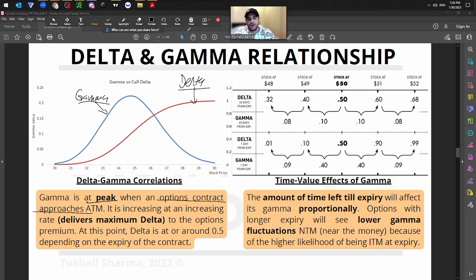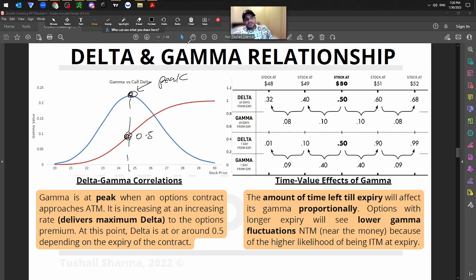So you can see that they are both kind of accelerating, and one of them starts to decelerate, and one of them accelerates at an accelerating pace before topping out and then decelerating. So for an options contract, when the delta is starting to increase, you'll realize that when the contract goes at the money, then delta is somewhere near 0.5, and at the money is when gamma will be peak.